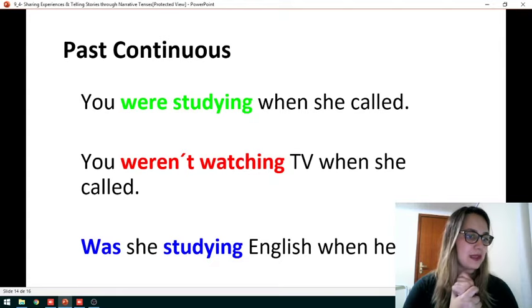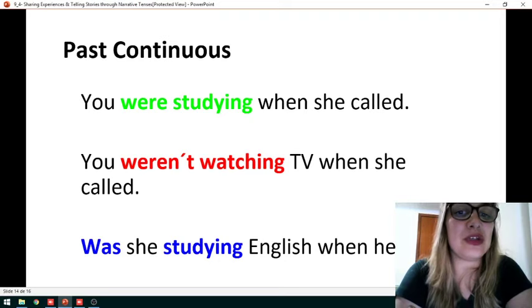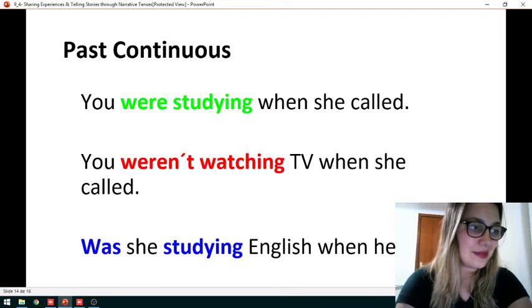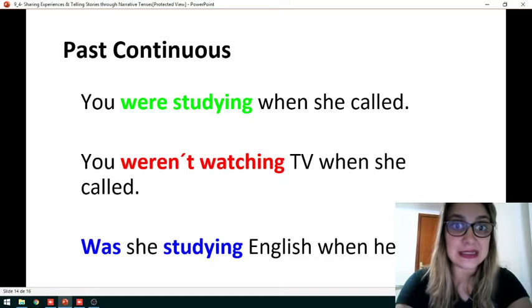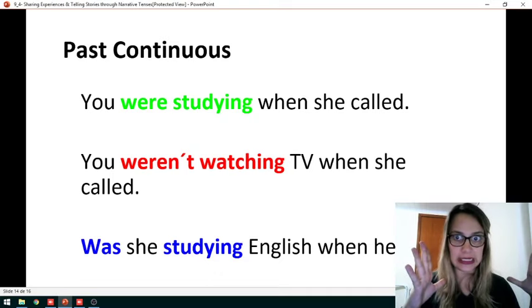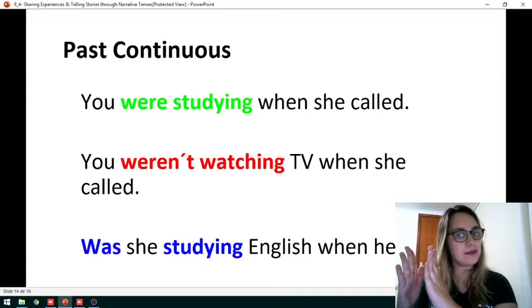What action was interrupted in my example? You were studying when she called. In this example, studying was interrupted. This was something that I was doing for a long time. I was studying, and then it was interrupted by a short action, which was her call.